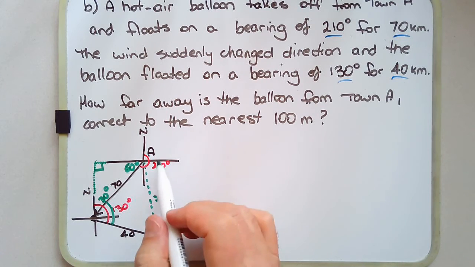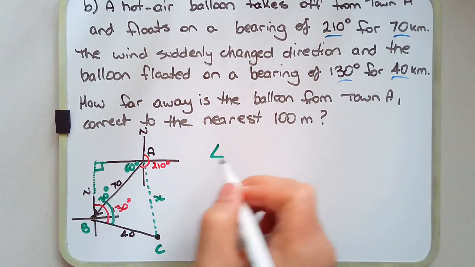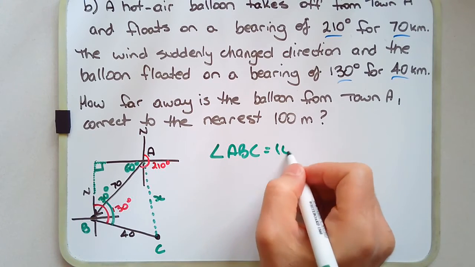Let's call this point B, and let's call this point C. What must the angle be between AB and BC? It's 130 degrees from north all the way to BC, but from north to AB it's 30. So angle ABC is equal to 100 degrees.